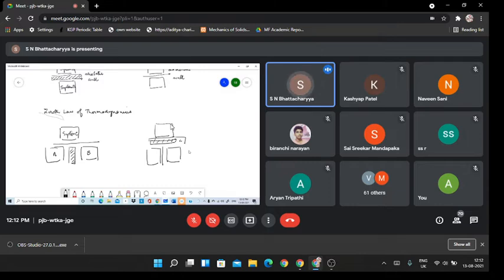So all the zeroth law tells you is when a number of systems have the same degree of hotness, which we call the temperature. But then it tells you nothing about comparing two systems which are not at the same temperature.